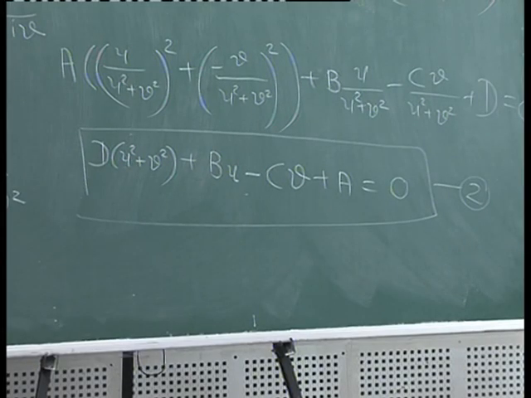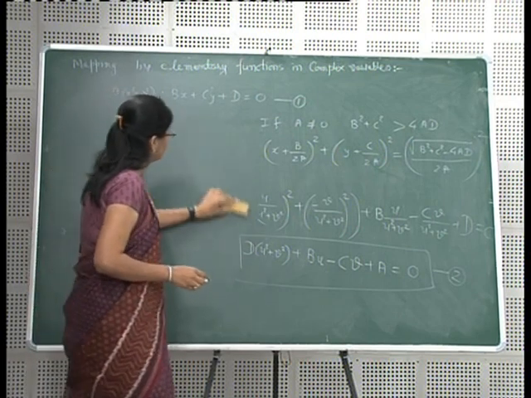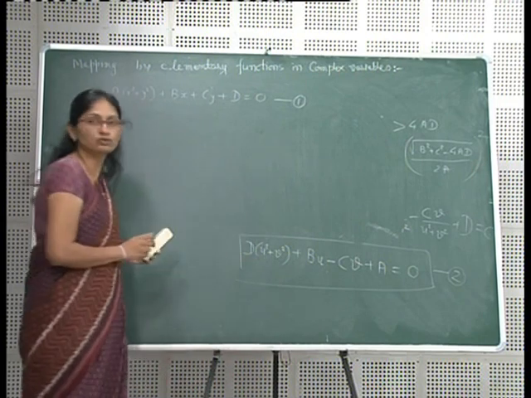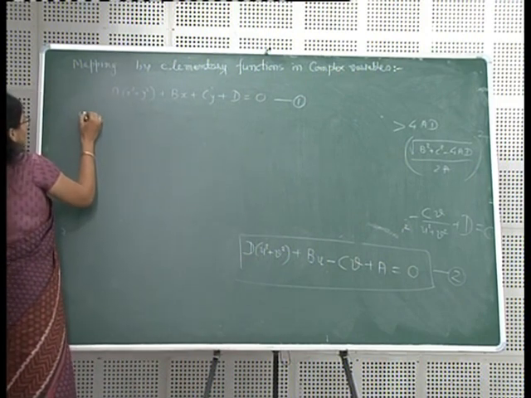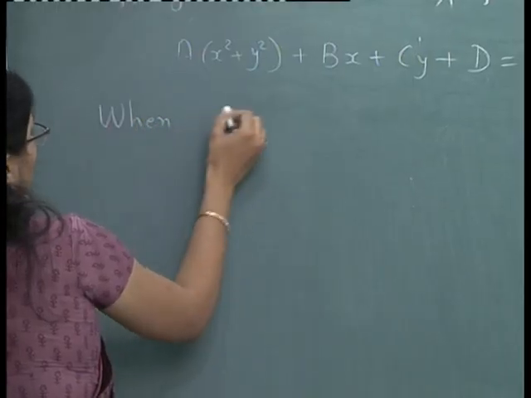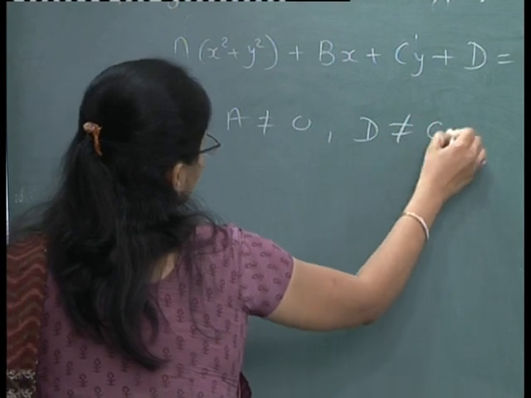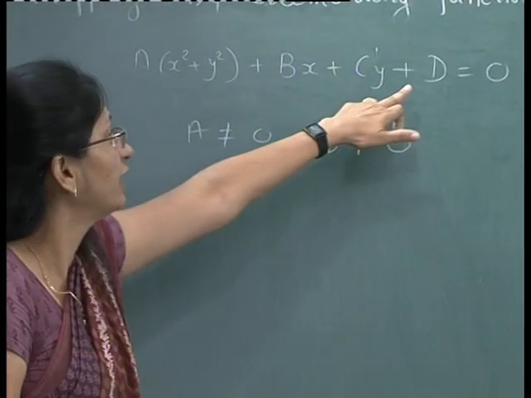Okay, now we discuss the cases. Now if we take A is non-zero and D is non-zero. So first we discuss when A is non-zero and D is non-zero. Now consider equation 1. A is non-zero and D is non-zero.